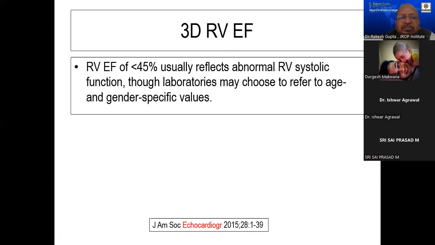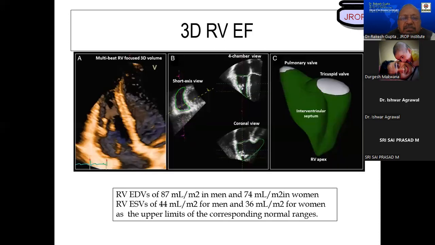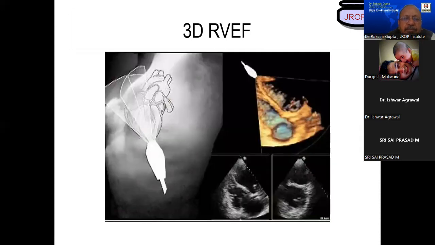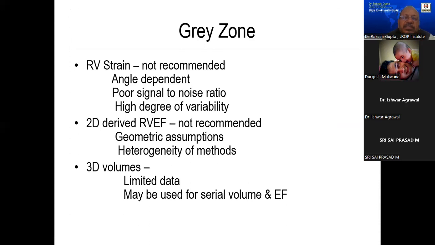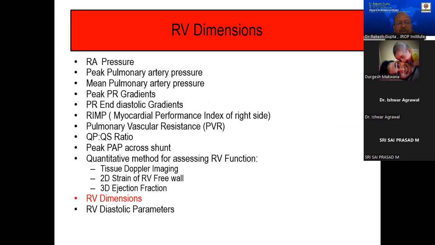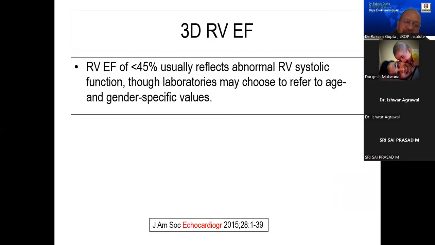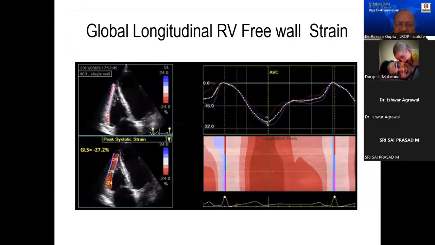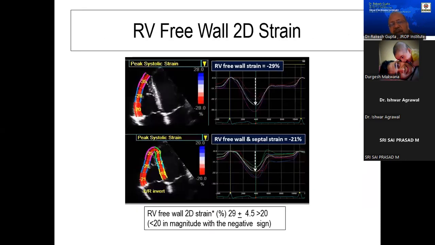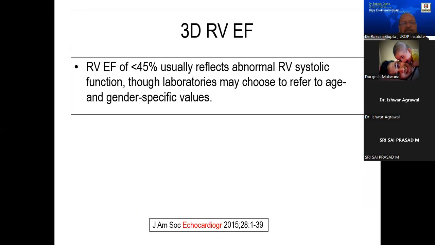With normal values more than 45% in RV three-dimension ejection fraction. So various things which are written over here, we look at those dimensions in that particular fashion. But we do calculate RV fractional area change in RV systolic function.